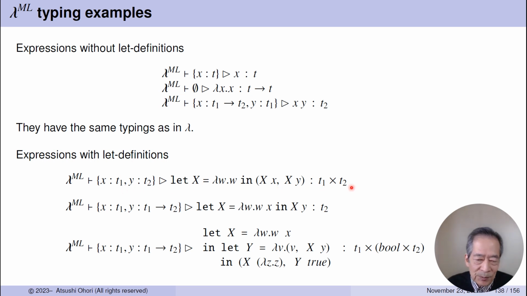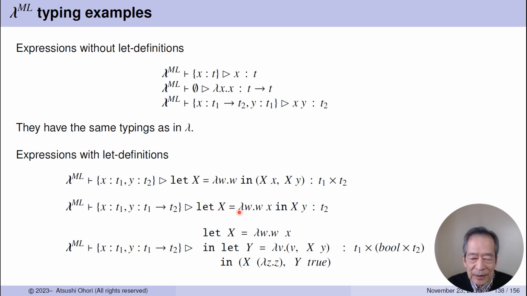We have this typing, and indeed, if you compute this typing, then you get this typing. For those with free variables x and y, in this example, x and y are free variables, so these types must be in the environment, right?